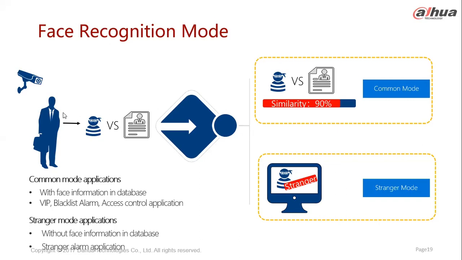In the face recognition mode, the common mode will take the picture of someone and compare with the database. If the person exists, it will do a recognition. If not, it will be a stranger.